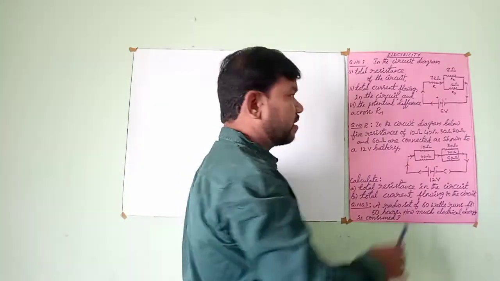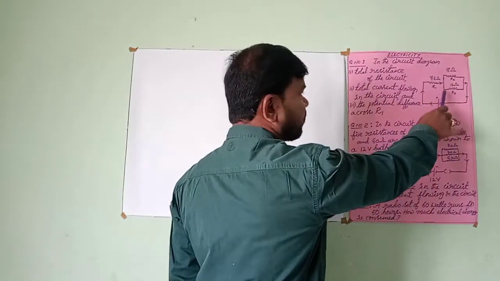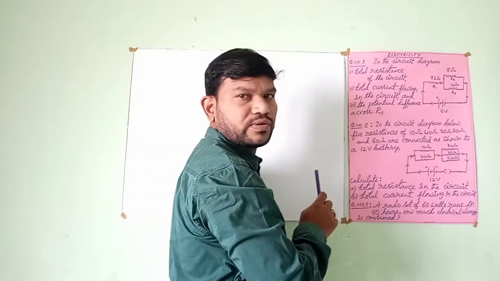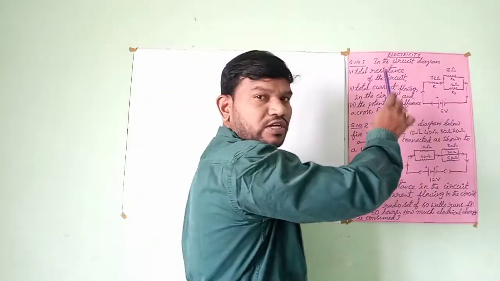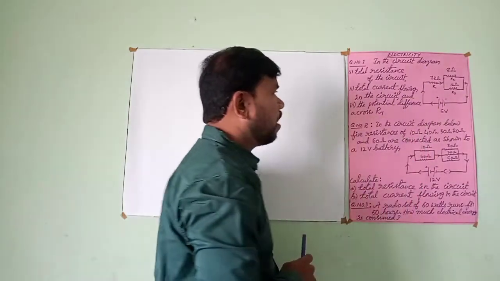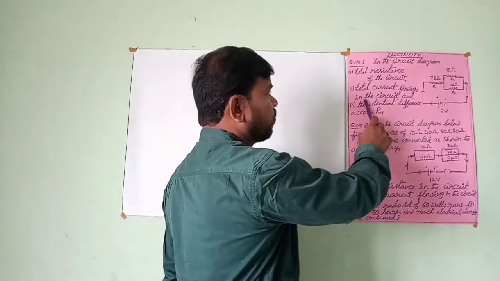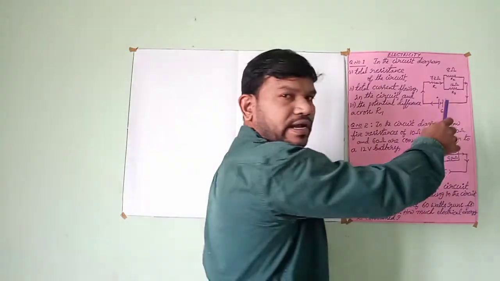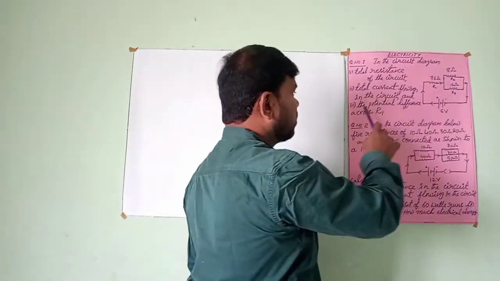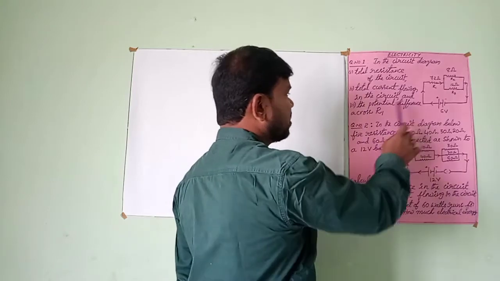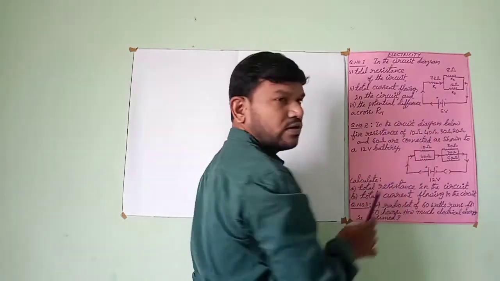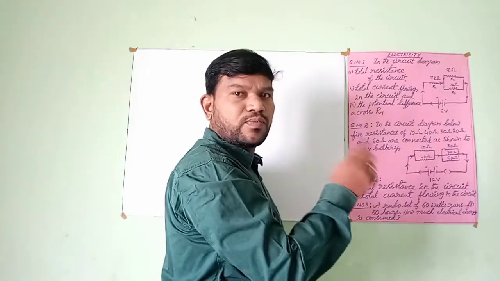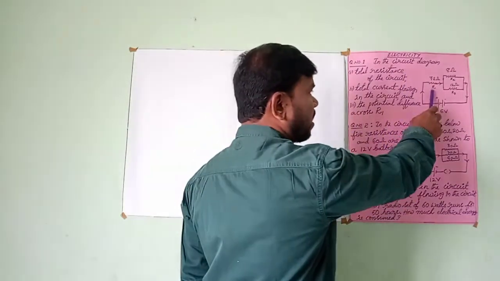From this diagram we need to calculate the total resistance of the circuit, the total current flowing in the circuit, and also the potential difference across R1.